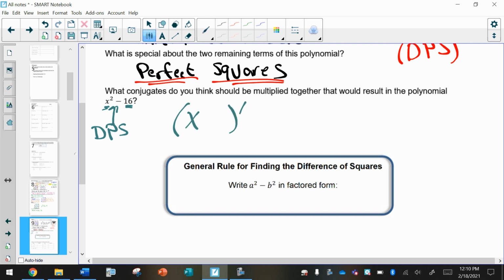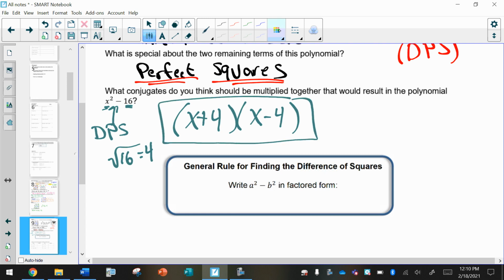So that splits the same in both parentheses, but one of them's plus, one of them's minus. What you need to do is mental math, or go to your calculator and determine what number times itself makes 16. What number squared is 16? Which means on the calculator you would look for the square root of 16, so that is 4 and 4.